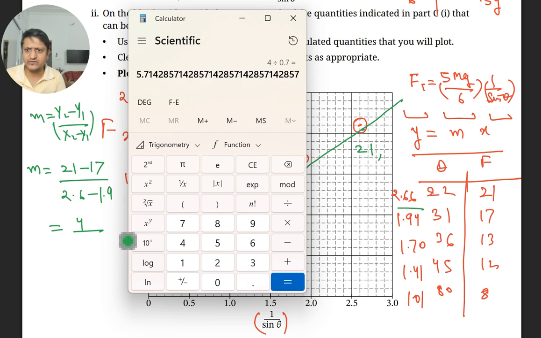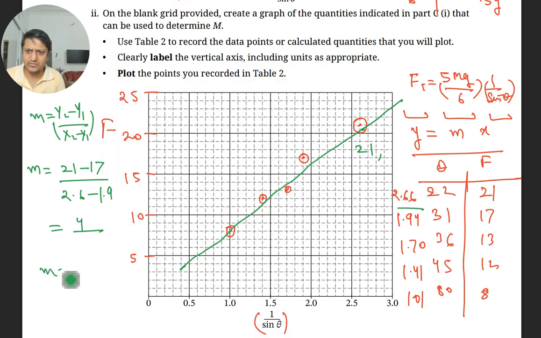So the slope is 5.7. Okay, so if the slope is this, now we will calculate m.